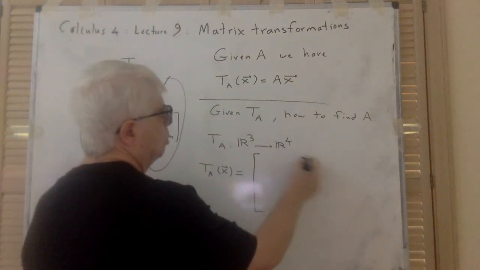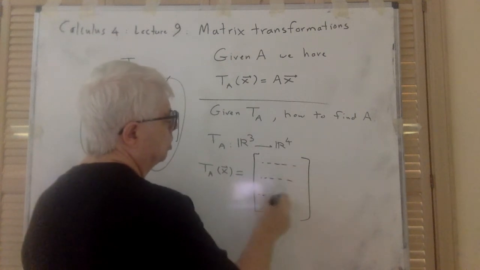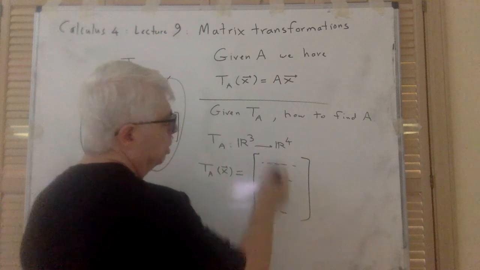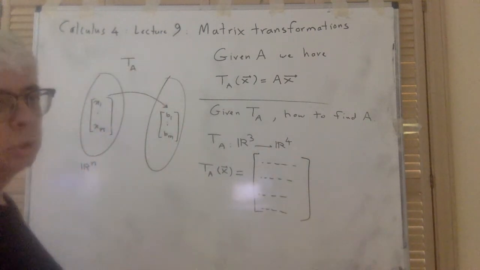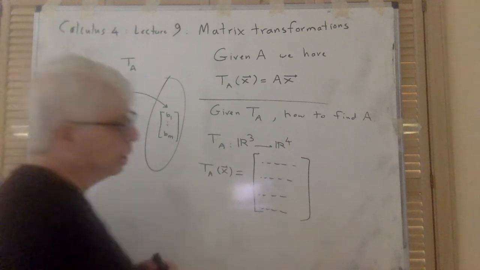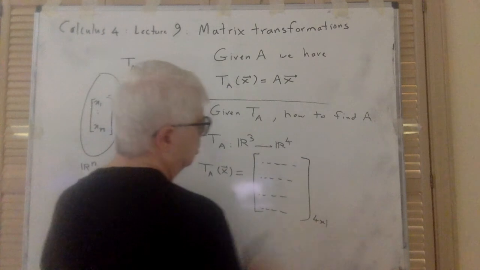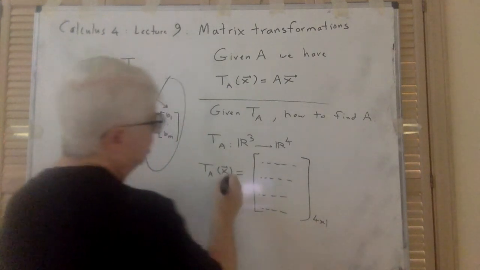Let me draw it. It should have 4 rows, and each row has just one entry because it is a 4 by 1 matrix. And x is 3 by 1.